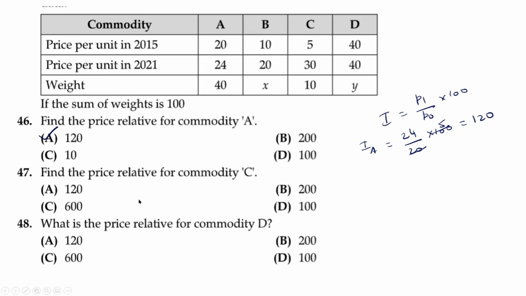Then find the price relative for commodity C. So for commodity C, the price relative is price in the current year upon price in the base year into 100. So 30 by 5 into 100. So this is 600. Then price relative for commodity D. It is 40 upon 40 into 100. So it is 100. So it is option D.